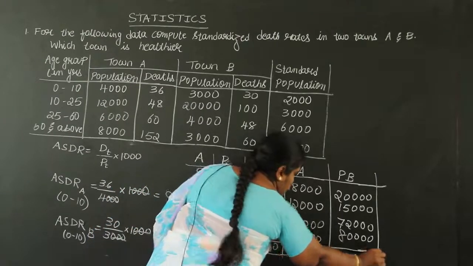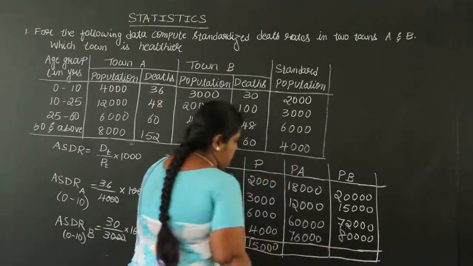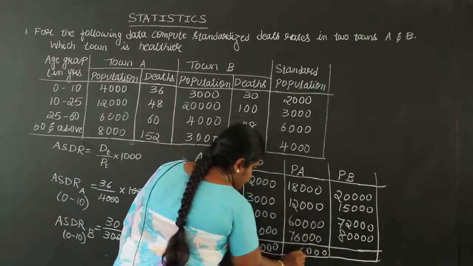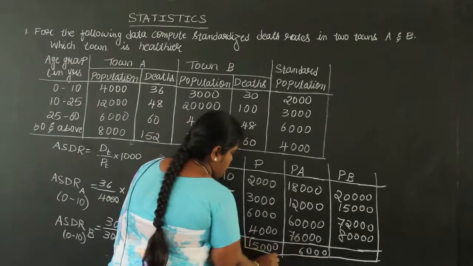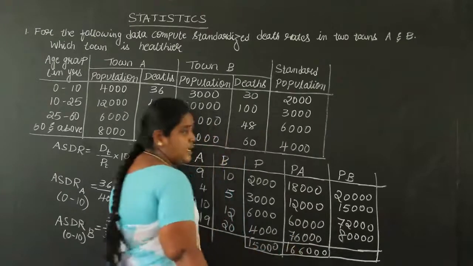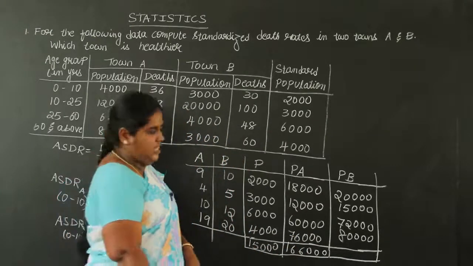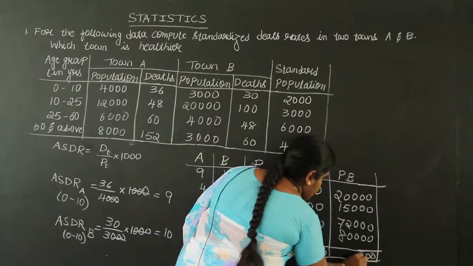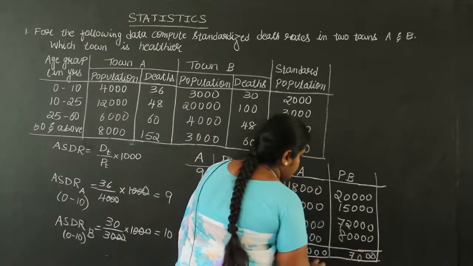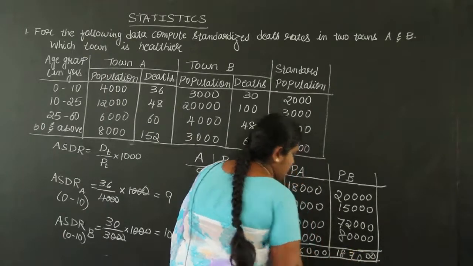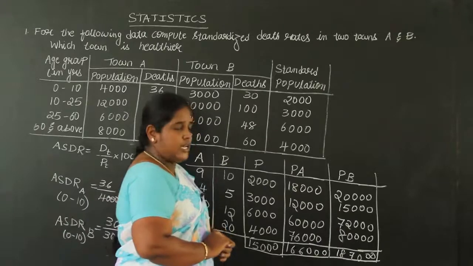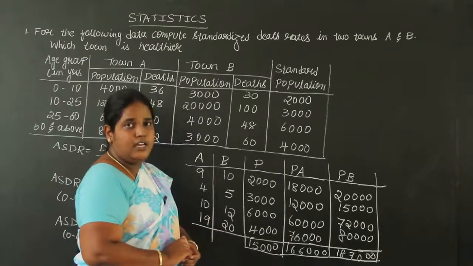Similarly add PA and PB values. So you'll get 1,66,000 for PA, and for PB it is 1,87,000.